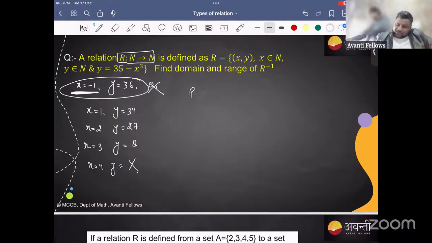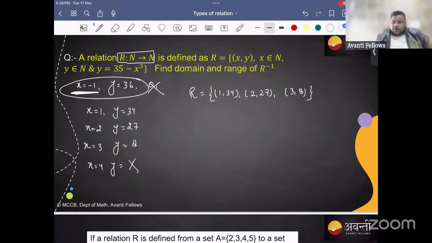So this relation R will have only 3 elements, that is (1, 34), (2, 27) and (3, 8). Got it?